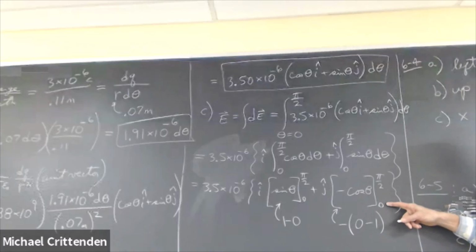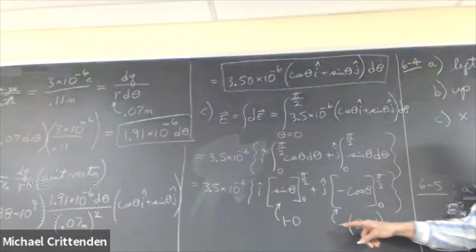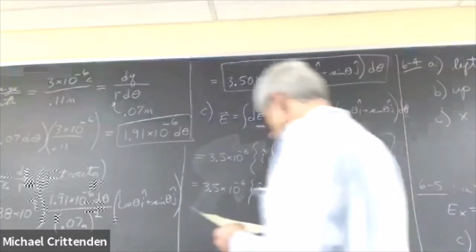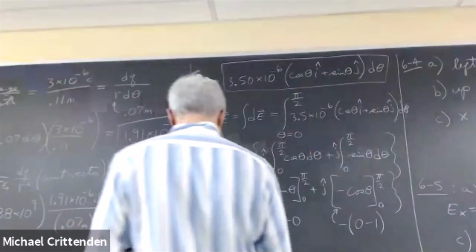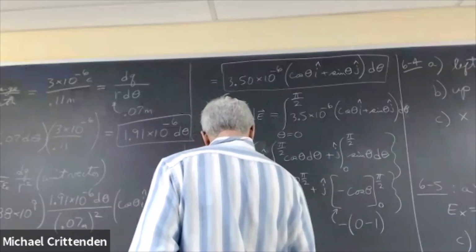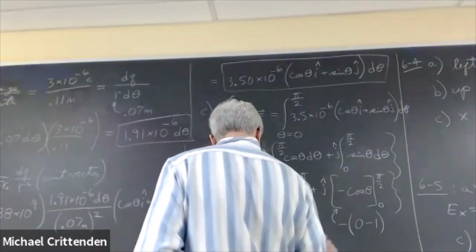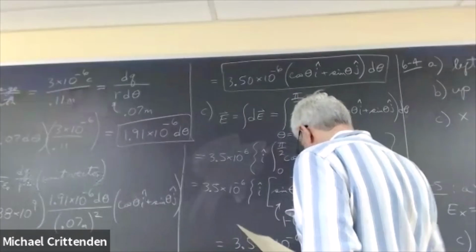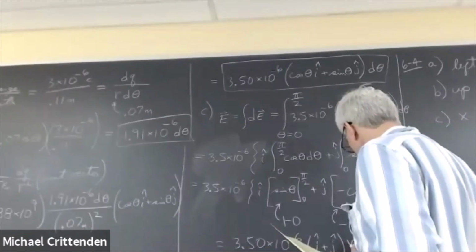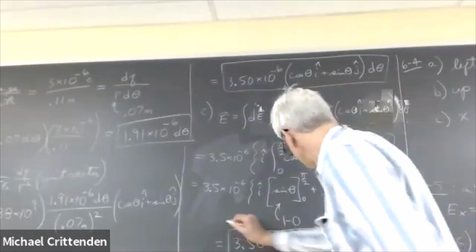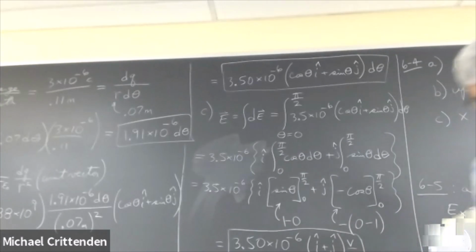Cosine of 0 degrees is 1. Minus cancels minus, and you've got a 1 over here also. And so, like it says after the question there, the electric field in volts per meter, per coulomb if you prefer, would be that.